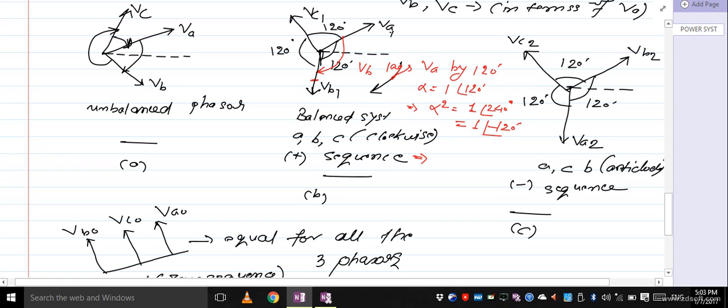And therefore we can write VB1 is equal to alpha square VA.